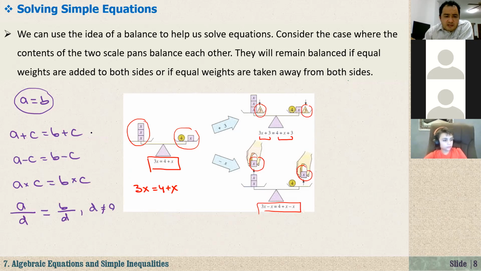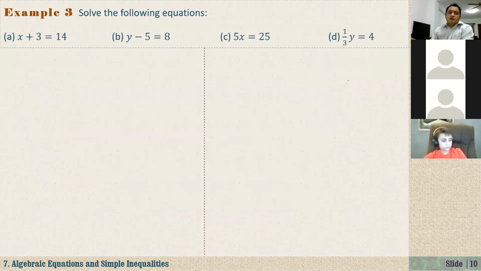These are very simple rules, but in solving every equation, we are using them. Now we will use those rules to solve this equation.